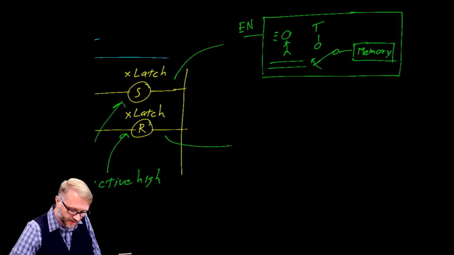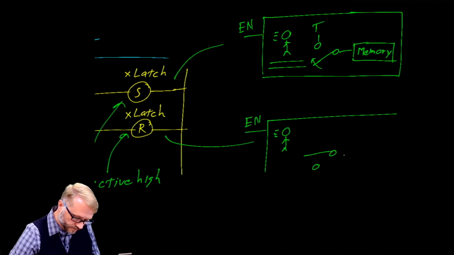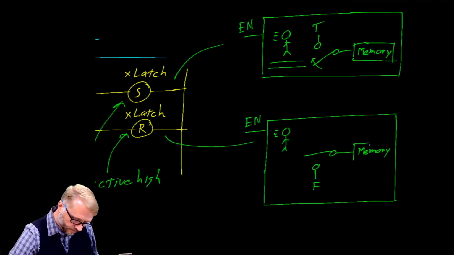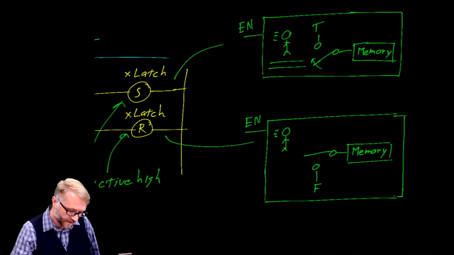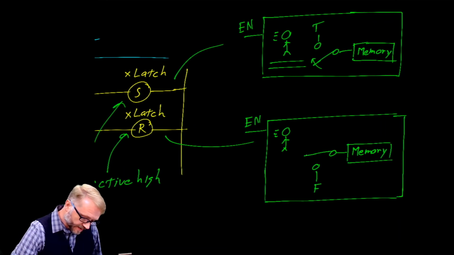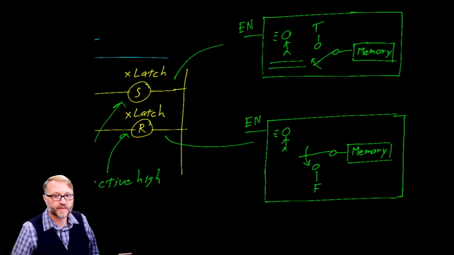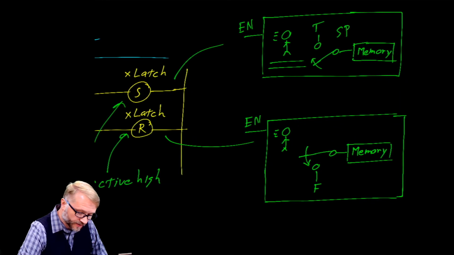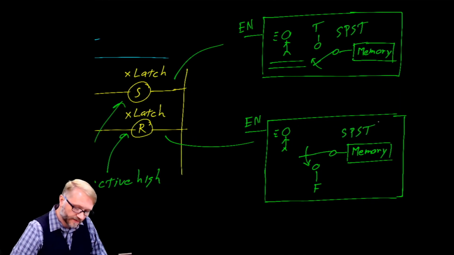The reset instruction looks remarkably similar. In this picture, all our hero can do is move the lever to the false position. You'll see that all they have is a single pole, single throw switch. Right? Single pole, single throw, that's all they've got.